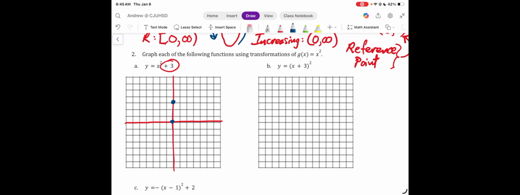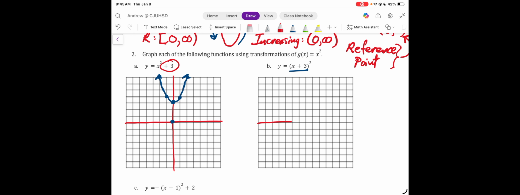A real quick way to make a parabola shape is to go up 1 and over 1, and then go up 3 and over 1 on both sides of the reference point. So there's what that would look like. B is a shift. You would think it would be to the right, but it's actually to the left.